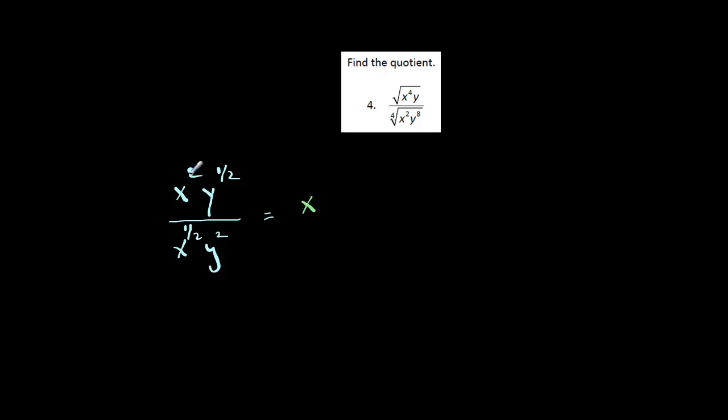So x to the 2 minus 1/2. 2 minus 1/2 is 3/2. Then we have y. 1/2 minus 2 is negative 1.5, or negative 3/2. So we can take this and move it to the denominator to make it a positive exponent. And that's your answer.